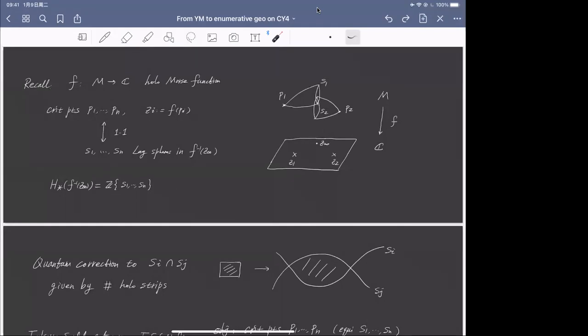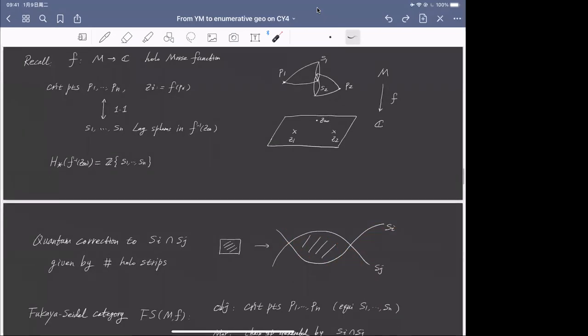So basically, as I said, critical points are in one-to-one correspondence with Lagrangian spheres. So in a way we can just remember the Lagrangian spheres and forget about the setting of Morse theory. So this becomes Lagrangian spheres in some Calabi-Yau manifolds or symplectic manifolds.